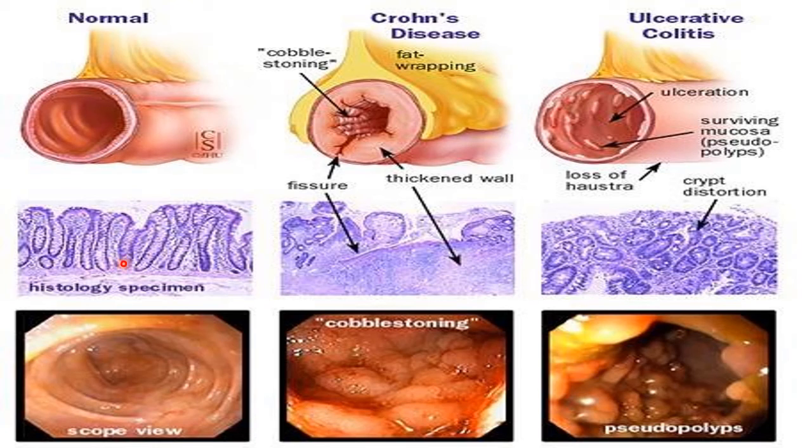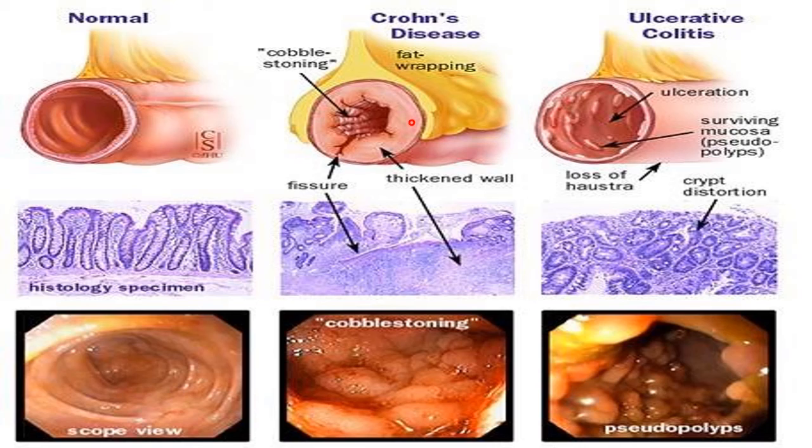Okay, and this is the normal microscopic appearance or histology of a normal specimen with intestinal folds like this. And this is the normal endoscopic view of a normal small bowel.